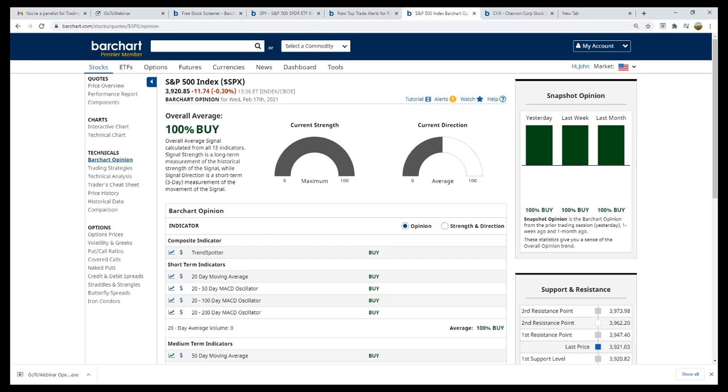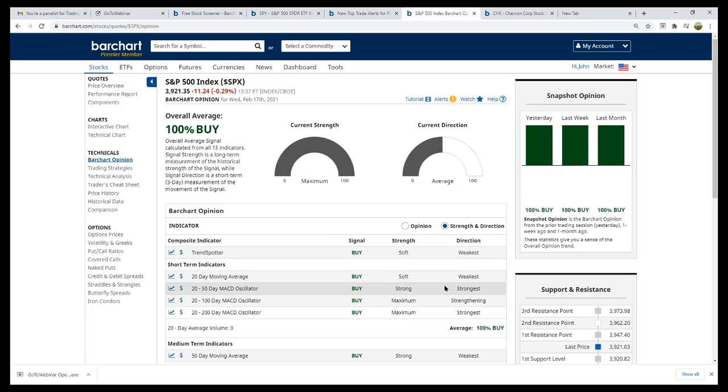Our overall signal has been 100% for the last month, last week, yesterday. But today, our current direction is average. So what is happening? Well, maybe we could be seeing a change in our trend, or a slowing down as we're ready to shift to another gear.